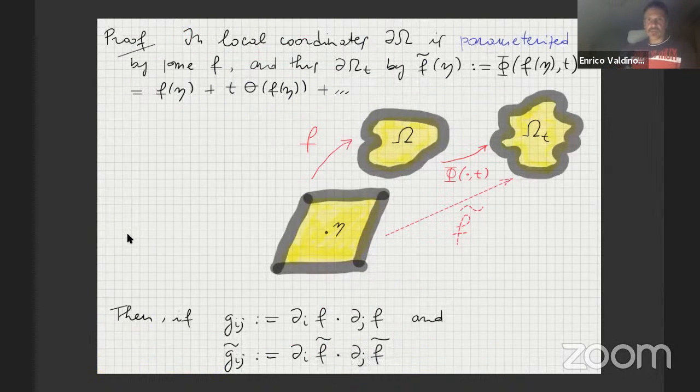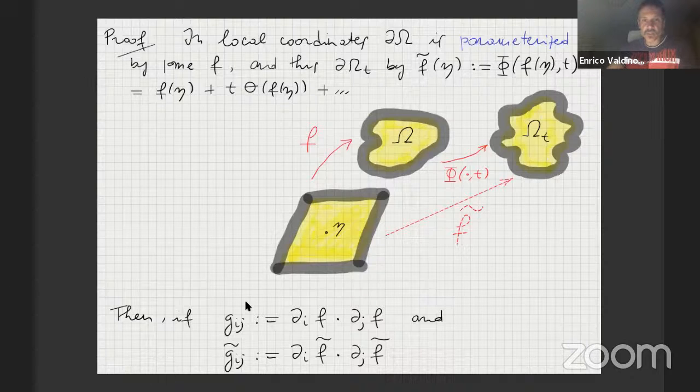Okay, let's briefly look at the proof. Of course, the experts know it, but I think that not all the students do. Again, you can reduce to local coordinates, and so you parameterize the boundary of omega by some function f that maps R^{n-1} into R^n.